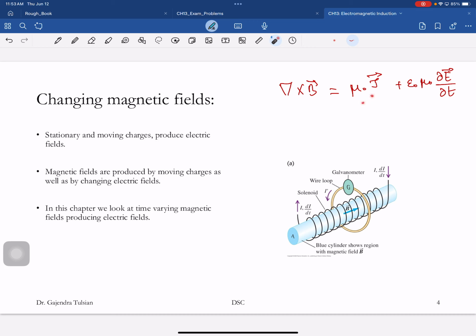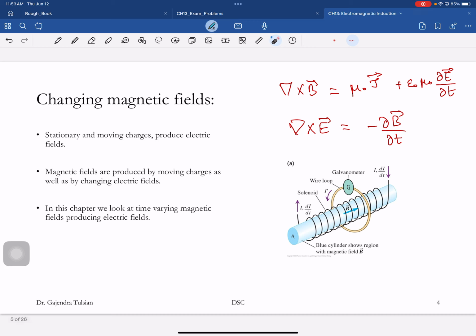In this chapter, what we are concerned with is this equation. Time-varying magnetic fields producing electric fields.